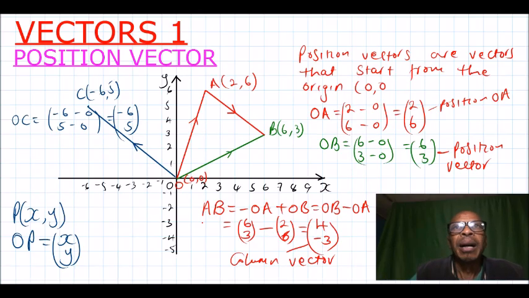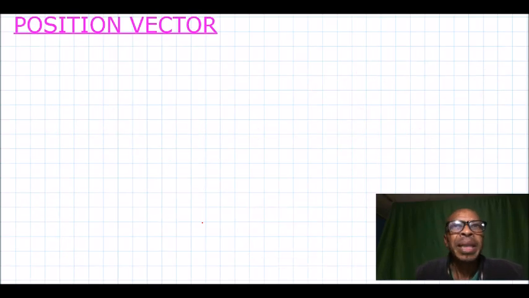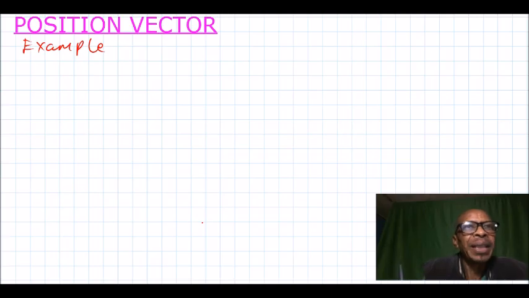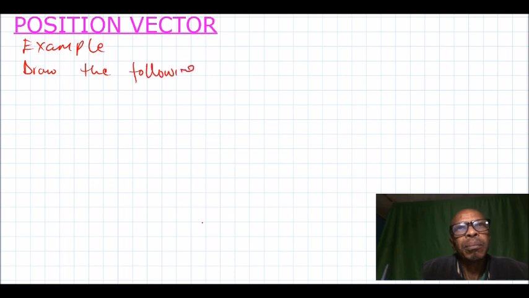From there, let me do for you an example so that you can maybe understand better. Example: draw the following position vectors on square paper.